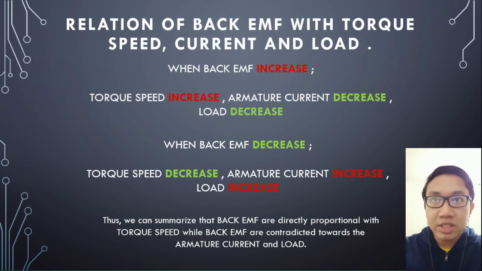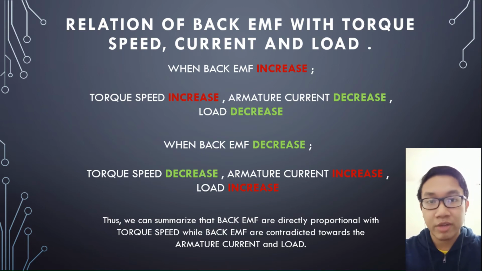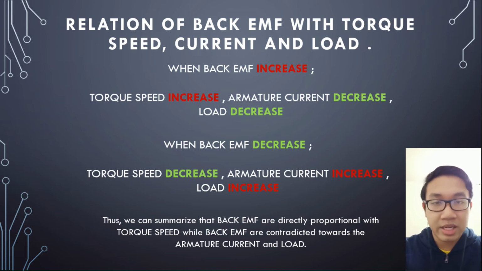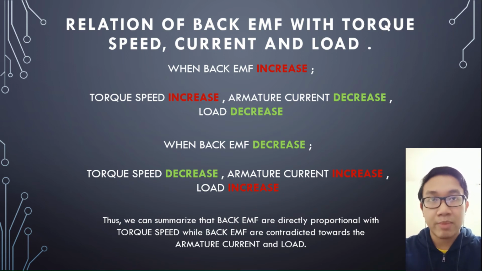As I mentioned before, there is a relation between back EMF, torque speed, current and load. I have given two scenarios. The first is what happens if we increase the back EMF, and the second is what will happen if we decrease the back EMF.